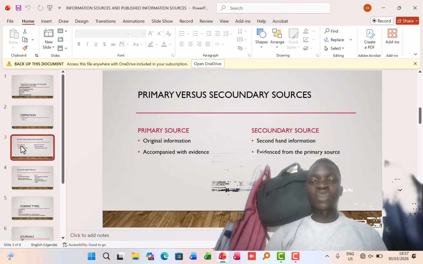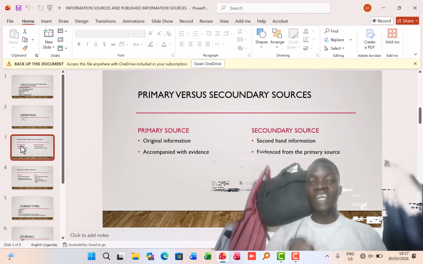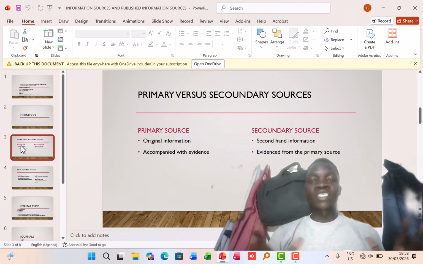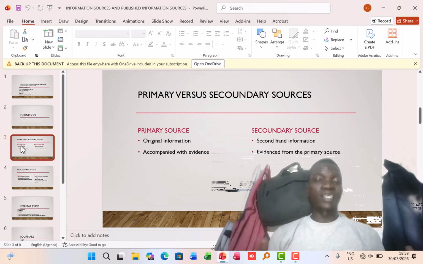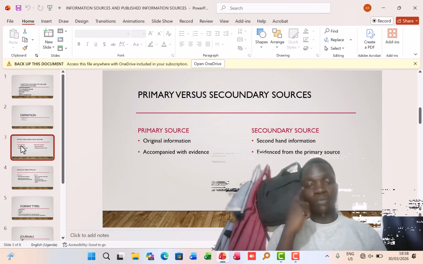Whereas in a secondary source, the information is second-hand. It has passed from primary to secondary, meaning it has gone through different stages of processing, or different points and strategies from which it has been obtained.